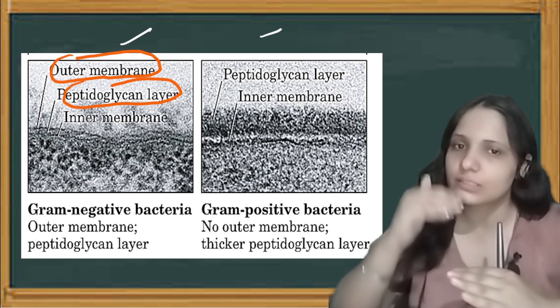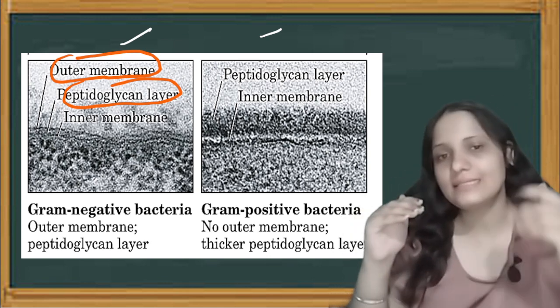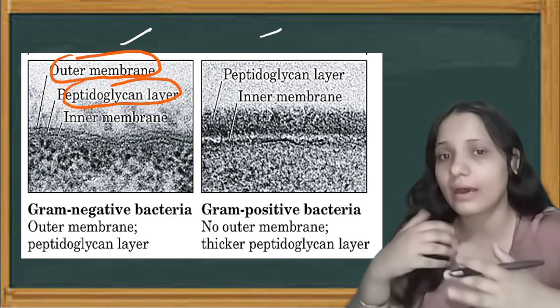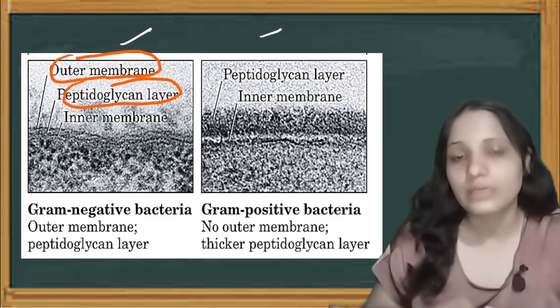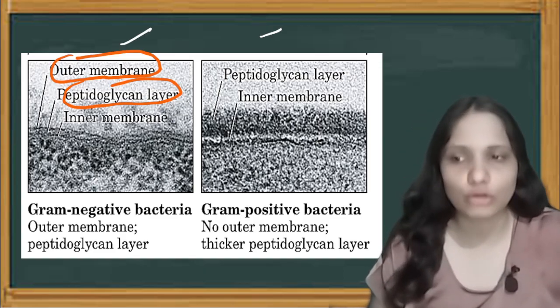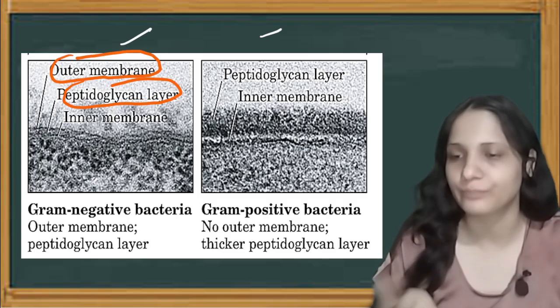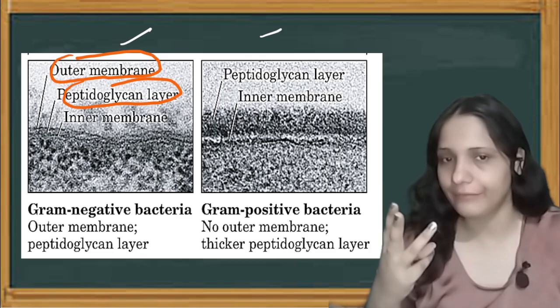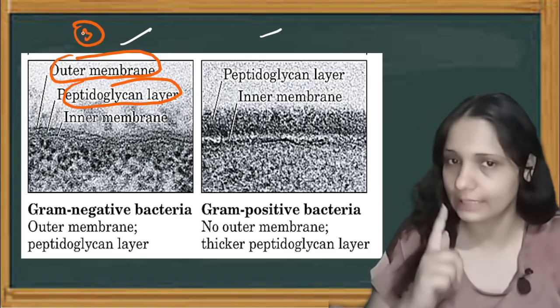Then after the plasma membrane, we have a cell wall. Then this cell wall is surrounded by an external, outer layer in case of gram negative bacteria. So if I ask you how many coverings we have in gram negative bacteria, you will answer we have three coverings.